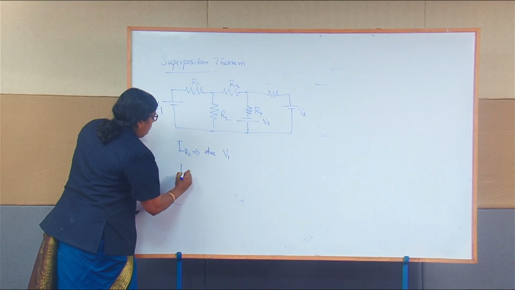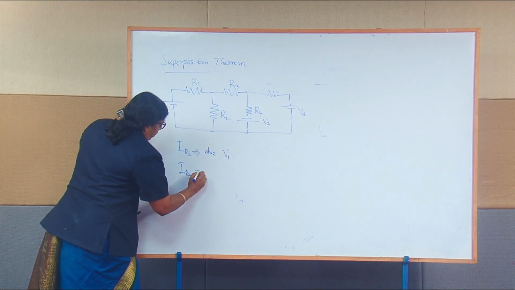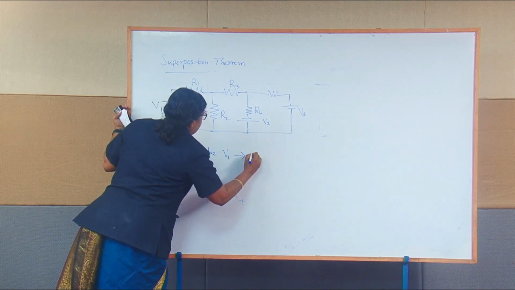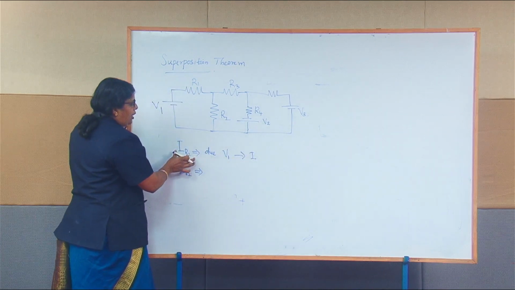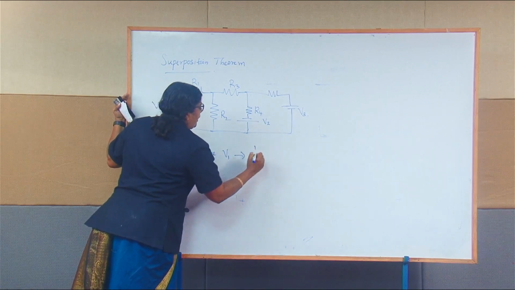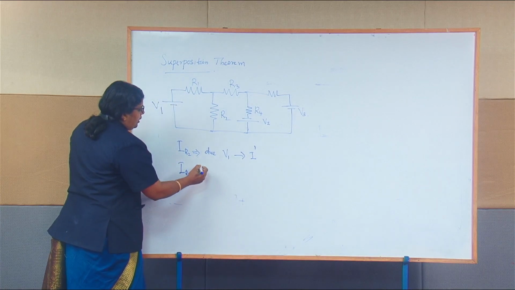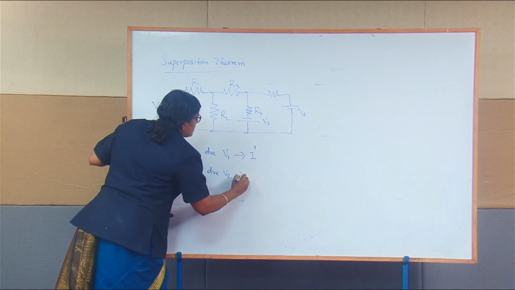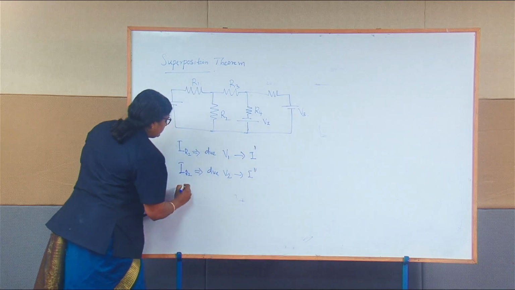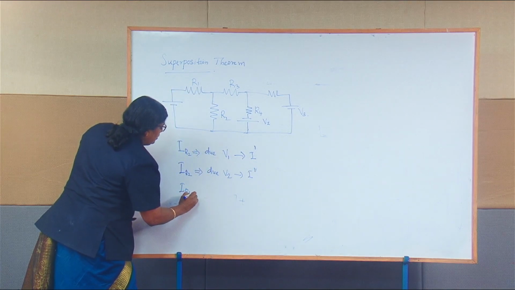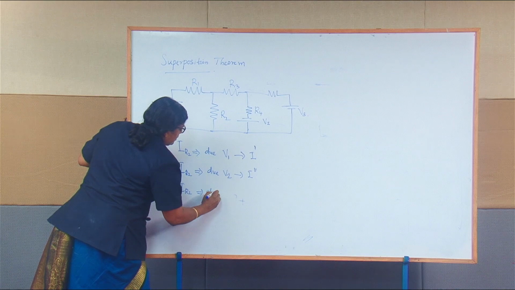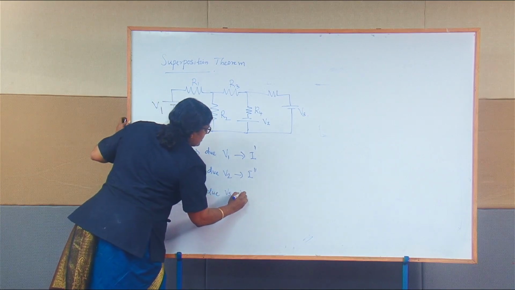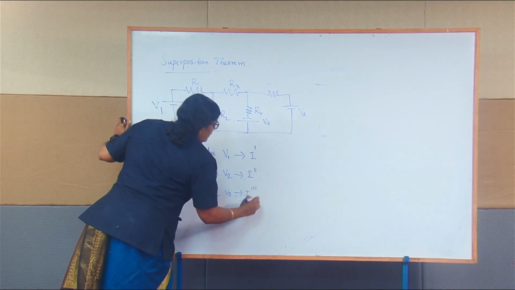So the current through R2 due to V1, I can say I dash; the current through R2 due to V2, I will mark as I double dash; and the current through R2 due to V3, I can mark as I triple dash.